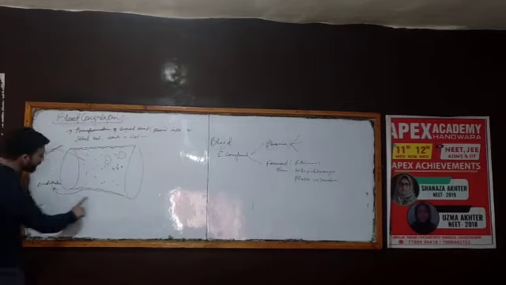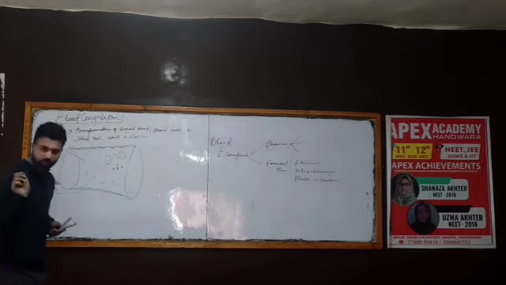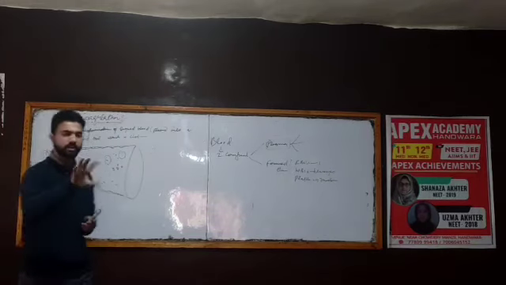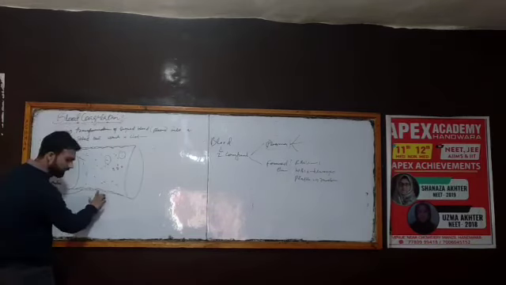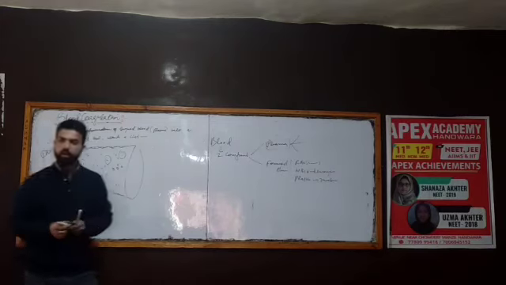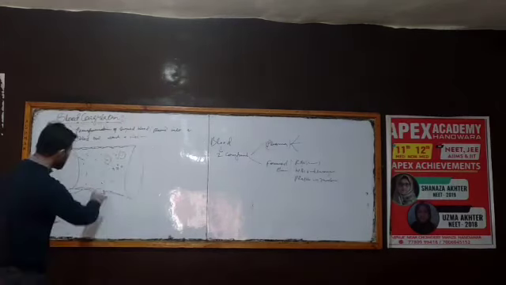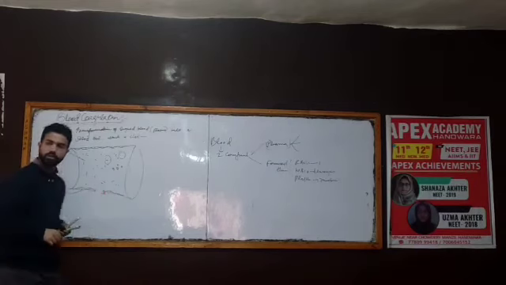sir. See, when there is an injury, what happens? When there is any injury, a blood vessel is ruptured. Once the blood vessel is ruptured, there is bleeding. There is the flow of blood.